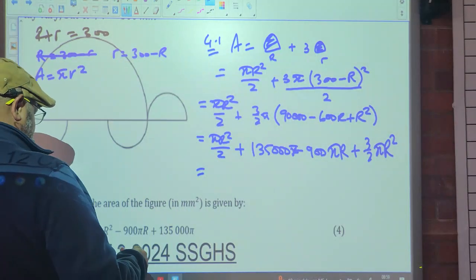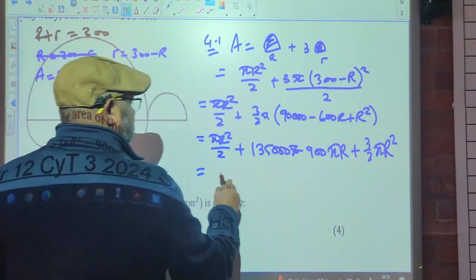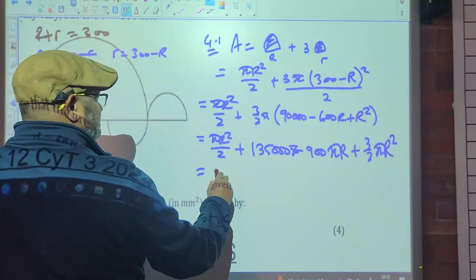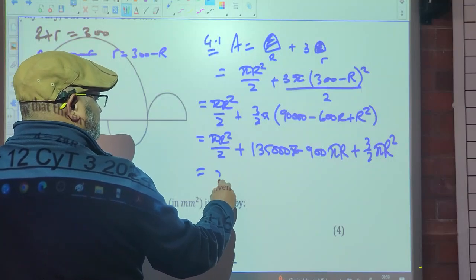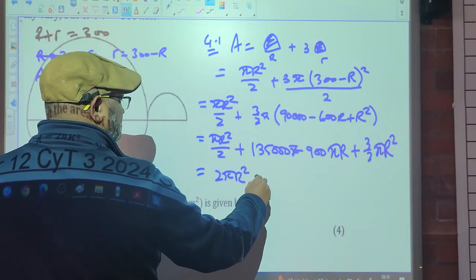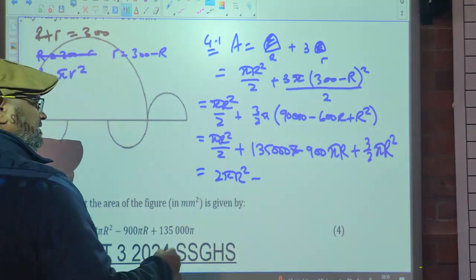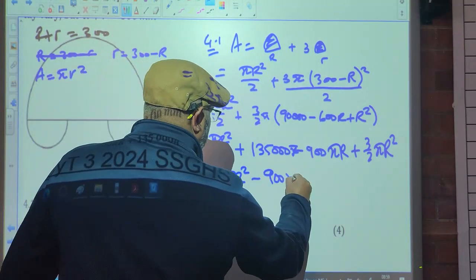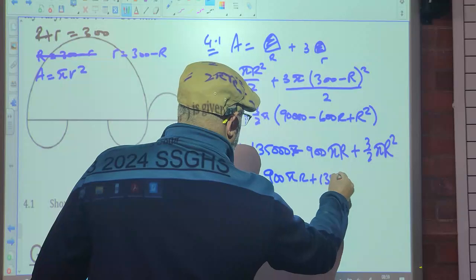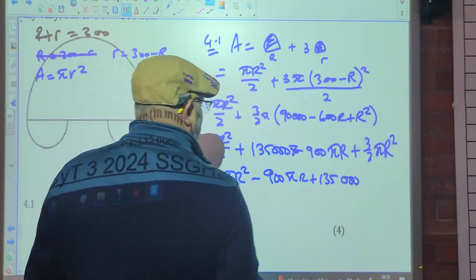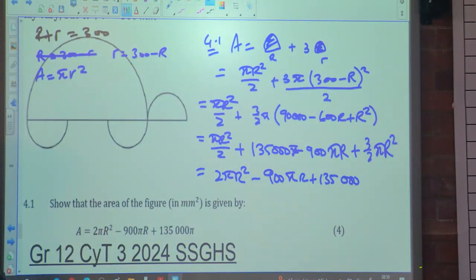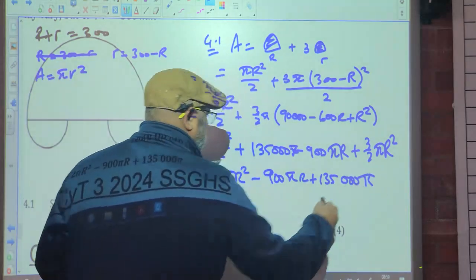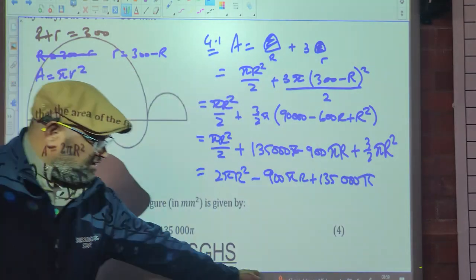Okay, so there are like terms, that's 4 over 2, so it's going to be 2 pi R squared minus 900 pi R plus 135,000 pi, which is the same as what is asked to prove.